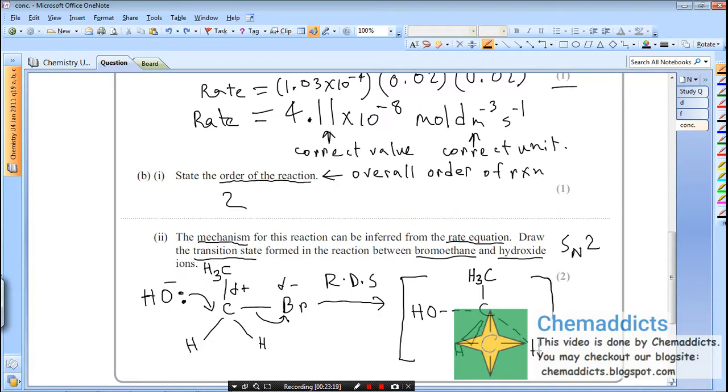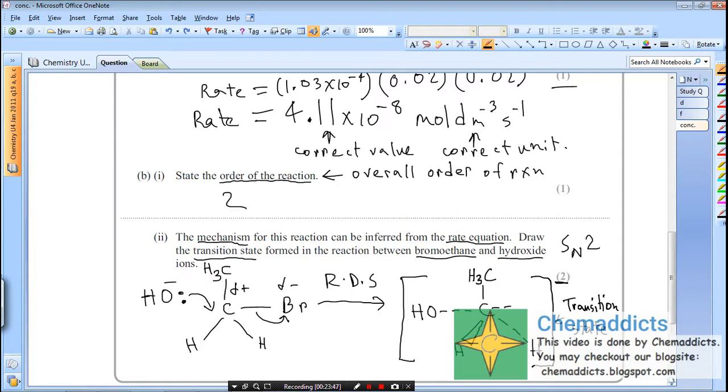Very bad, fellas. I'm regretting this whole thing in my life. This is the transition state. How was my French accent? Transition state. So this is the transition state.